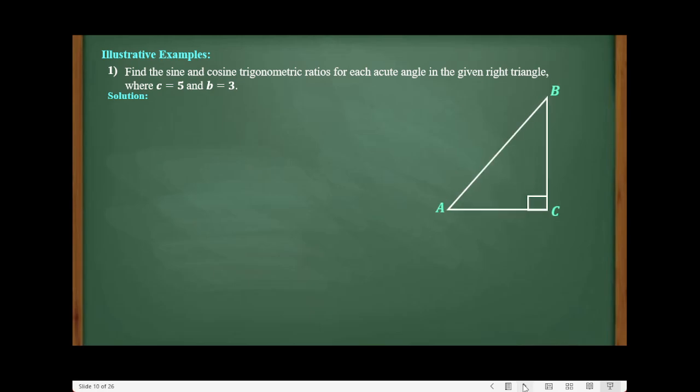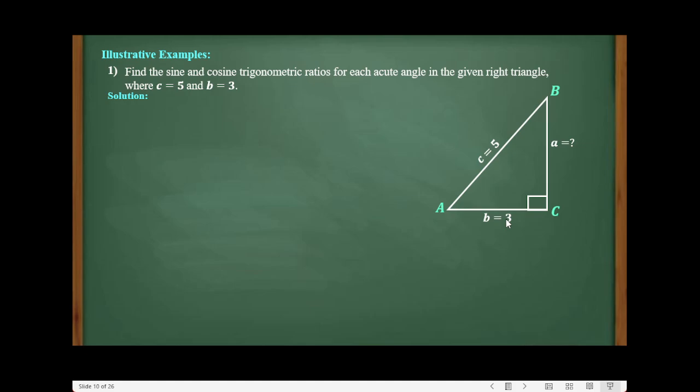Now for our solution, actually the right triangle here on the right side is given. Now your segment AB here is actually the hypotenuse denoted by small letter C, that is 5, and the given leg, small letter B, is actually the shorter leg whose length is 3.